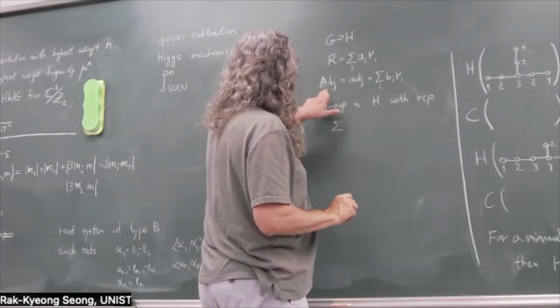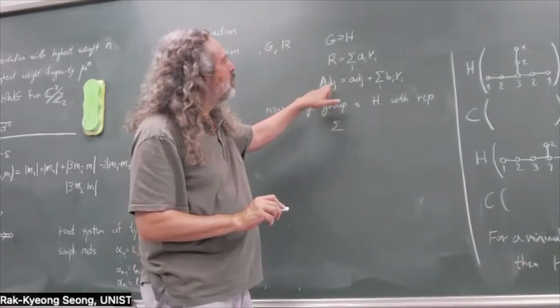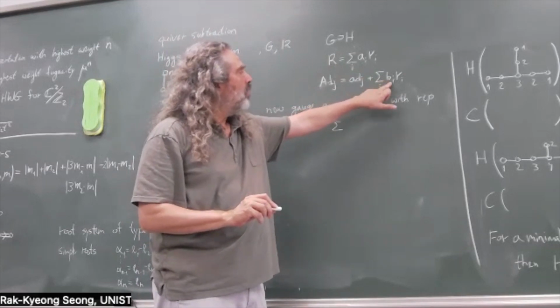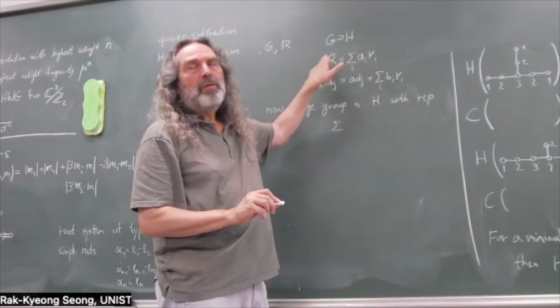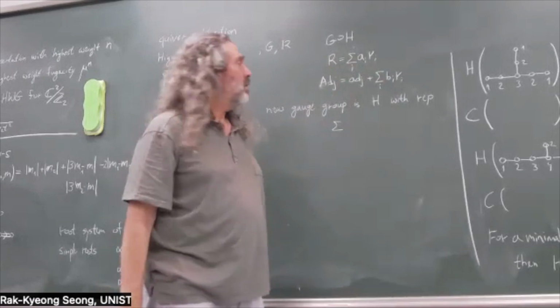The adjoint is the representation for vector fields, and I will need that each one of them absorbs a representation from the matter in order to become a massive gauge field.